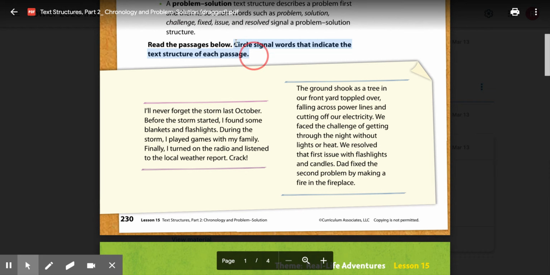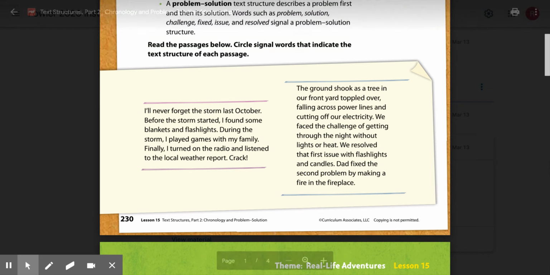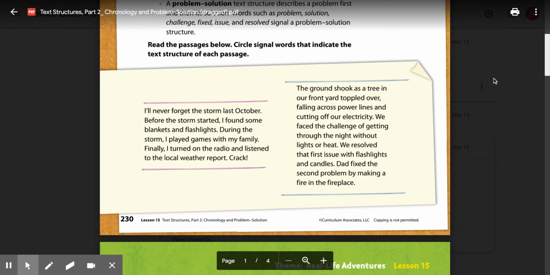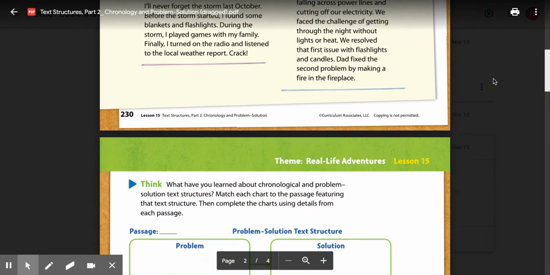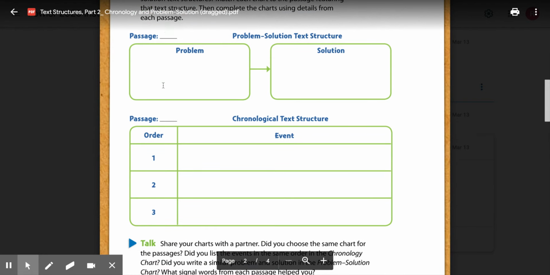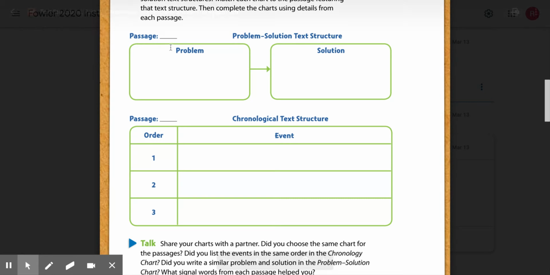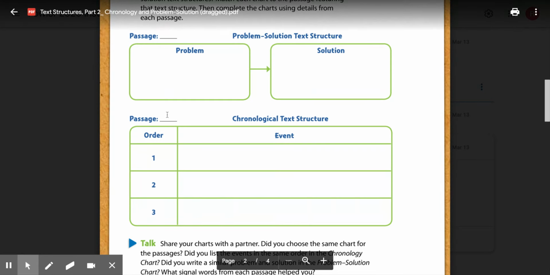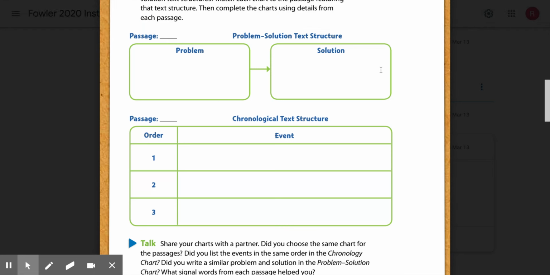So you're going to read them. Notice right here it says circle signal words that indicate the text structure. If you see some dates or things like first, second, third, you could circle them, or write them out to the side on your scratch piece of paper, and it'll help you figure it out. So is passage 1 problem and solution and passage 2 chronological, or is passage 2 problem and solution and passage 1 chronological?